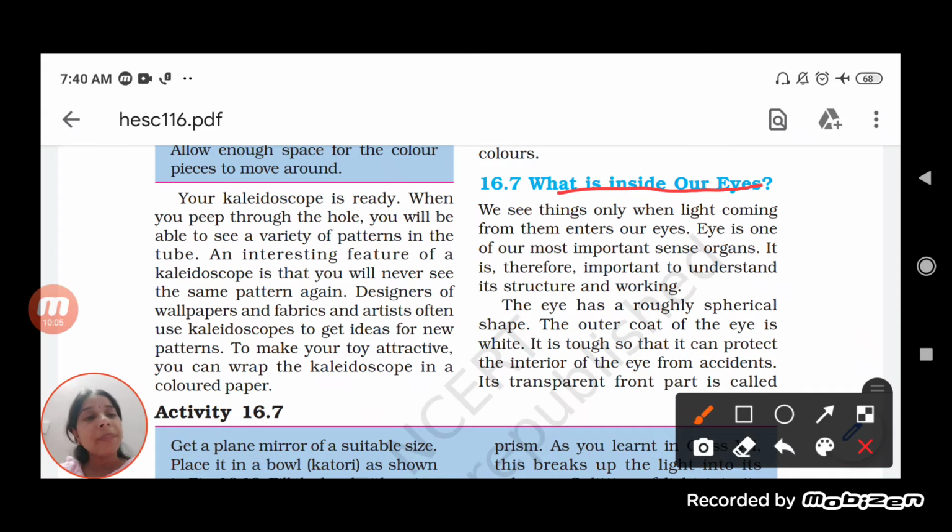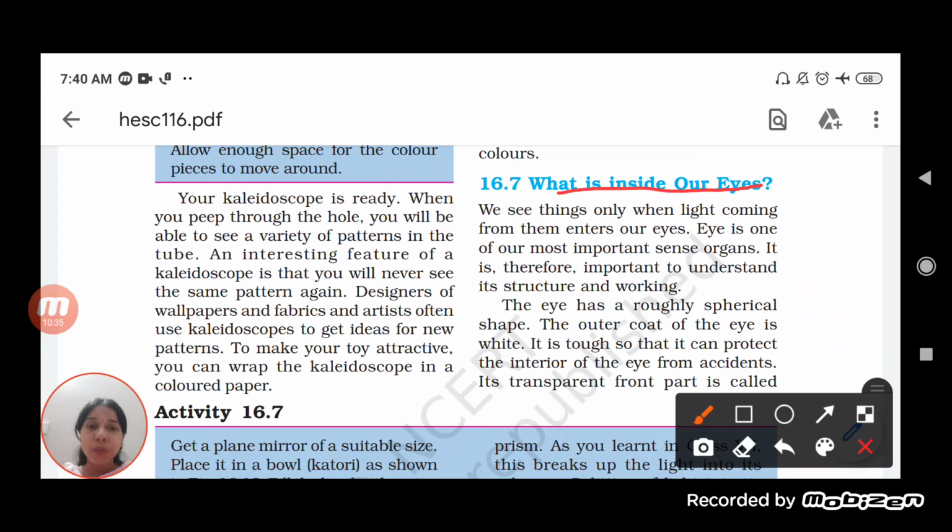Basically, we see only when light enters the eye. The eye is a very important sense organ, and therefore it is important to understand its structure and working. The eye is roughly spherical in shape, and the outer coat of the eye is white.